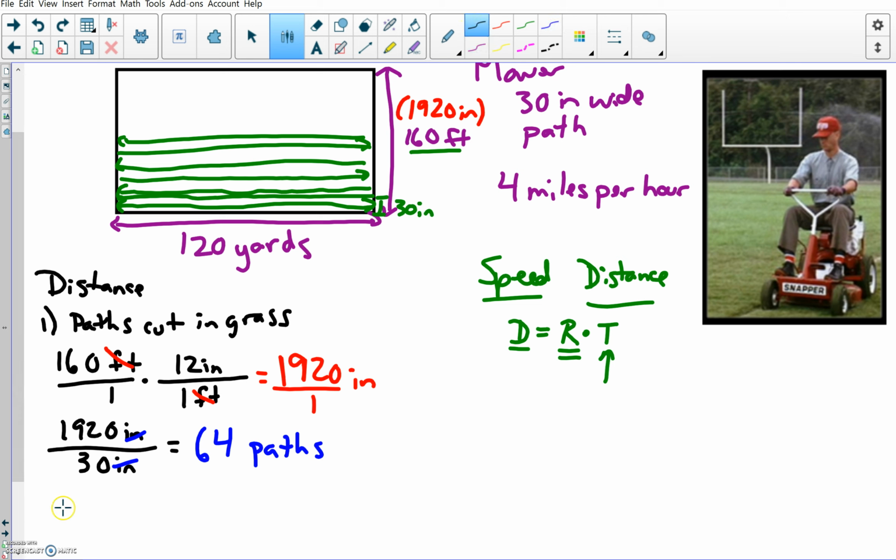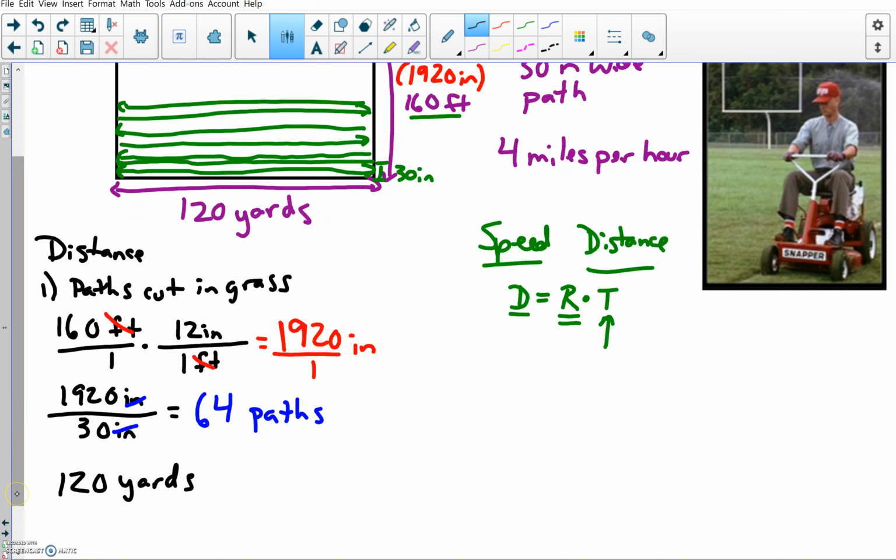So what I could do from here is say, okay, one path is 120 yards, and I'm doing that 64 times. So that's going to be multiplication because we're repeatedly adding the 120. Dimensional analysis could also be used too, right? If I think of this as a rate, this is for one path.